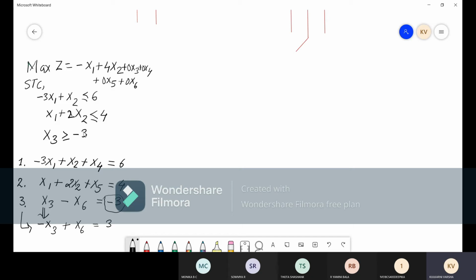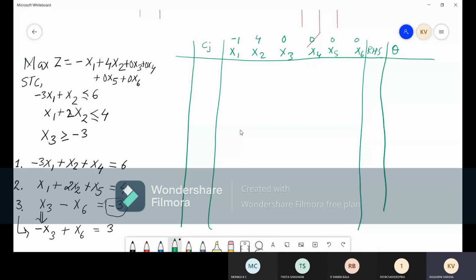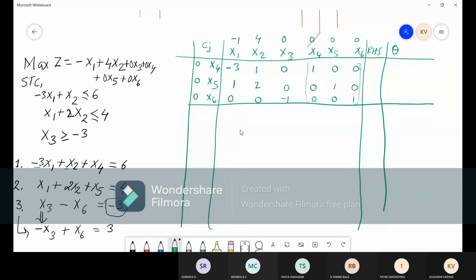And now we'll go for this one, right? What are the slack variables? x4, x5 and x6. So we'll be starting with x4, x5 and x6. Initially the coefficients are 0, right? And now we have to write down the initial iteration. So this is our initial iteration.